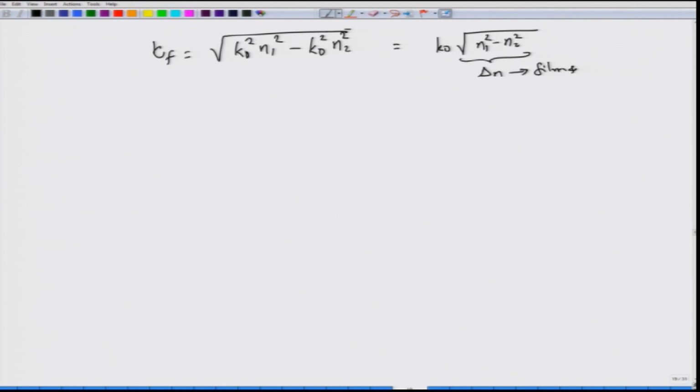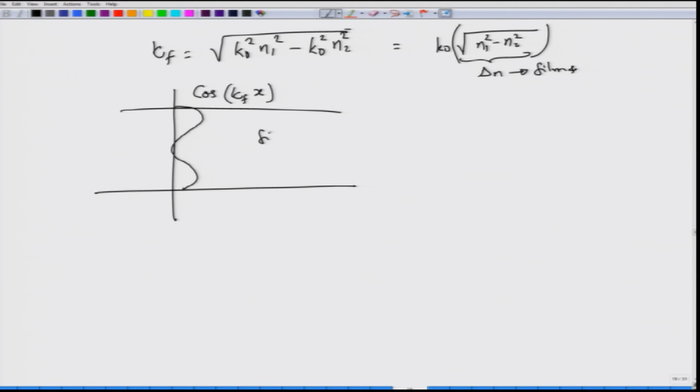So, this refractive index difference, or the square root quantity defined as a measure of the refractive index difference, is directly proportional to kappa f. And why is kappa f important? Because kappa f corresponds to the way in which the waves are standing inside the film, right.